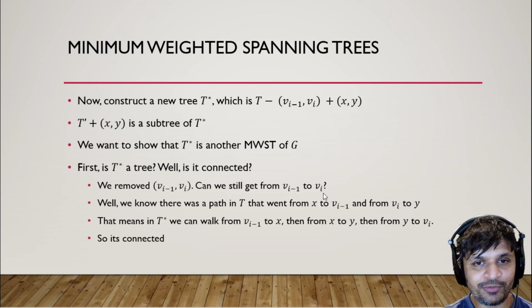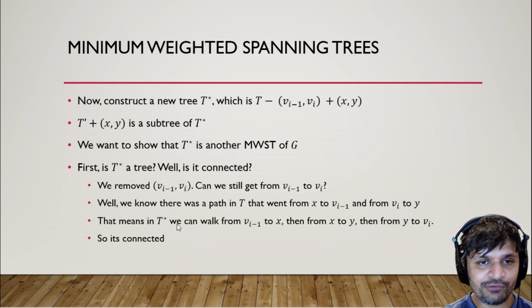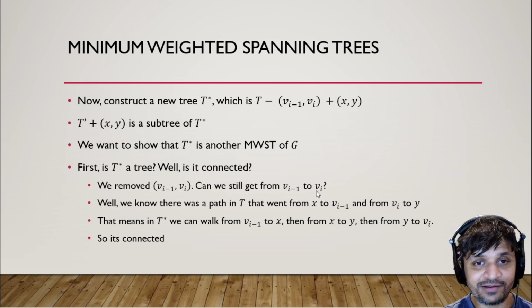So that means we could get from x to v(i-1) and we could get from vi to y. But that's cool because now we've added the edge xy, sort of a short circuit between x and y. So that means in T star, if we wanted to get from v(i-1) to vi, we could walk from v(i-1) to x. We know we can do that because there is a path and it's an undirected graph, right? And then we could walk from x to y because there is the edge xy, which we added.